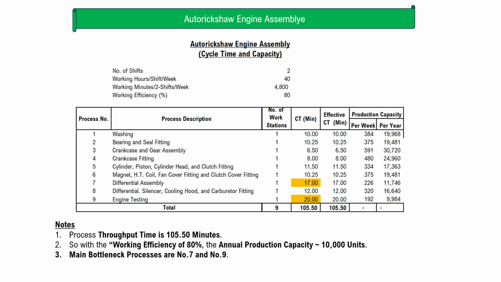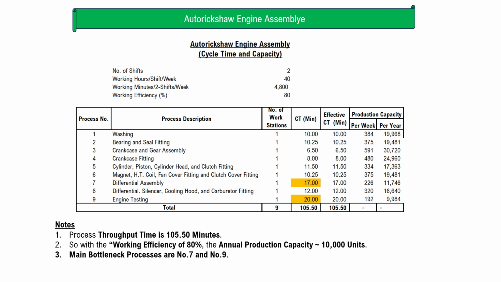On the basis of the same data, let's now compute the current production capacity based on 2 shifts, 40 working hours per shift. Since we are using 2 working shifts, the total available working time is 4,800 minutes.